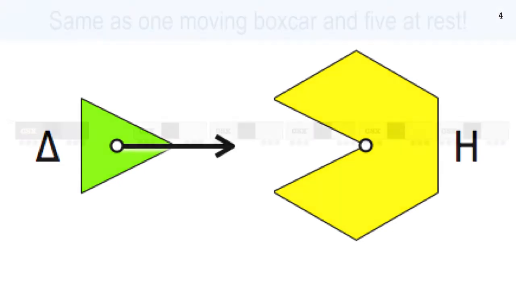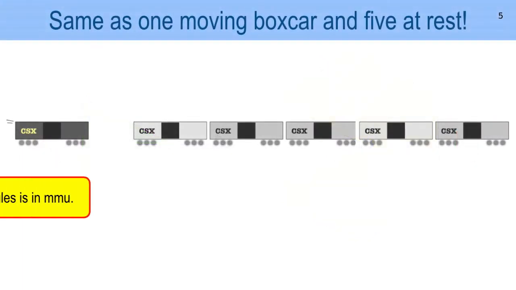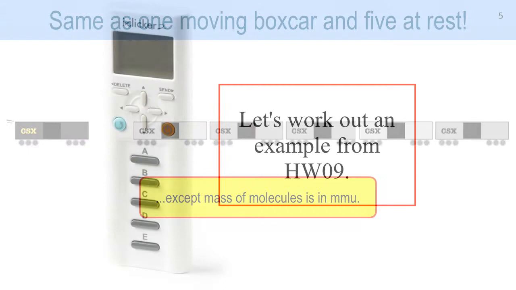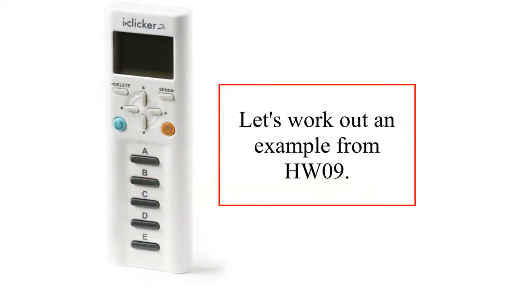So it's basically the same as this interaction, except that you have a different unit for measuring mass. I made up the molecular mass unit, MMU, but there is a real life unit of mass for things like molecules and atoms. It's called the atomic mass unit. And we'll talk about that in a second. But let's work out an example using your iClicker.